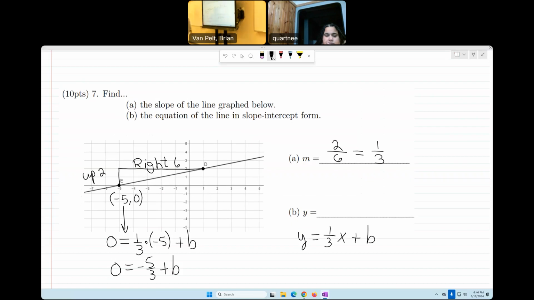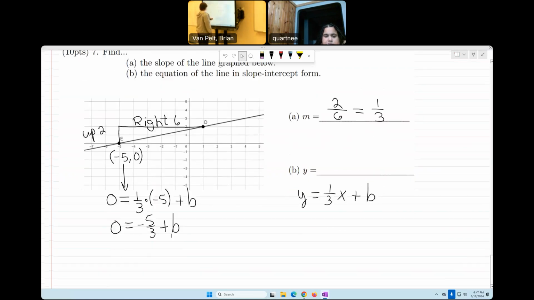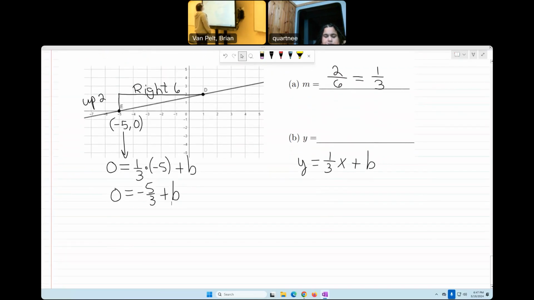Can you tell me what the value of b is now? If I solve for b, what do I do? You add 5/3 to both sides. That's right. I've been doing it a while, so I had an idea. Put my plus 5/3.